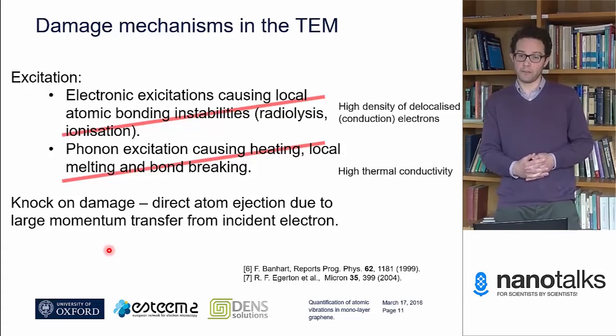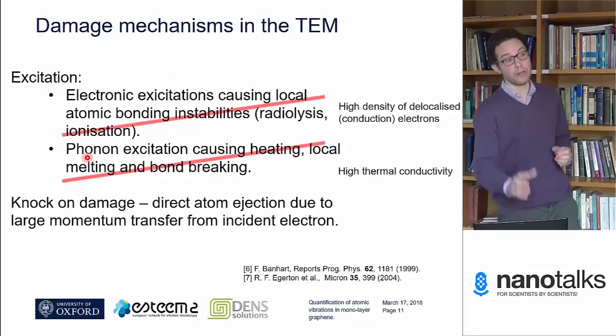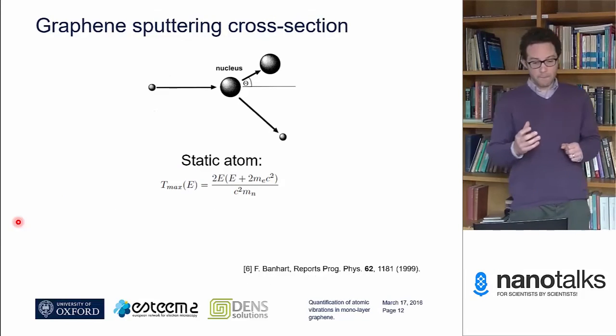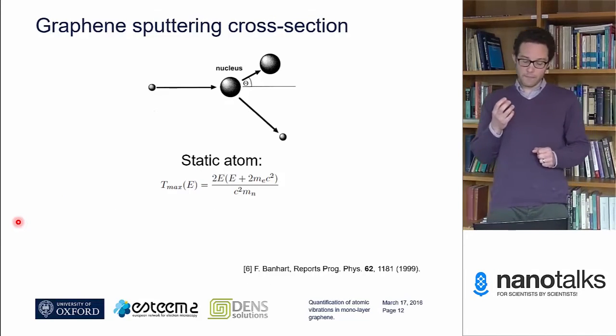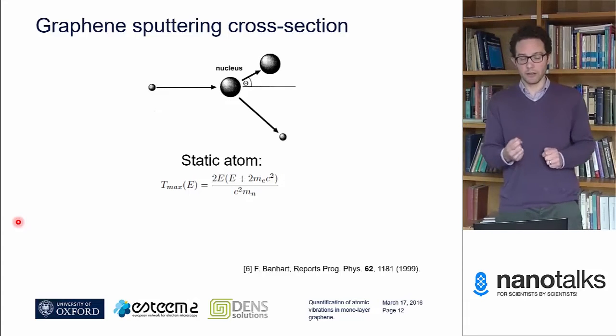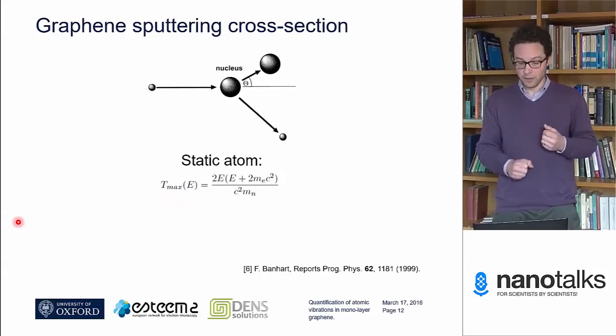That is direct atom ejection due to momentum transfer between our incident electron and our target carbon atom. And of course, this can be thought of as being the extreme of a phonon excitation. We can calculate the maximum amount of energy that an incident electron can transfer to our nucleus, to our carbon atom in our graphene lattice.